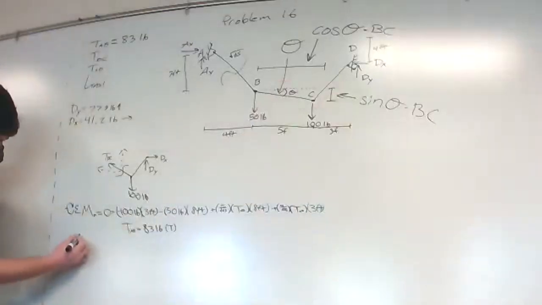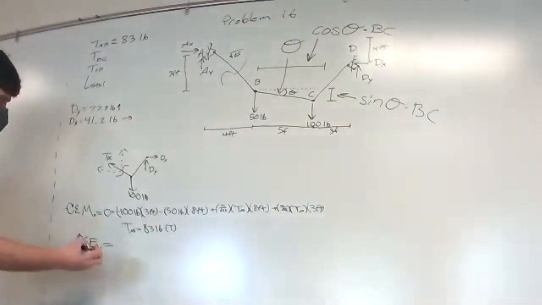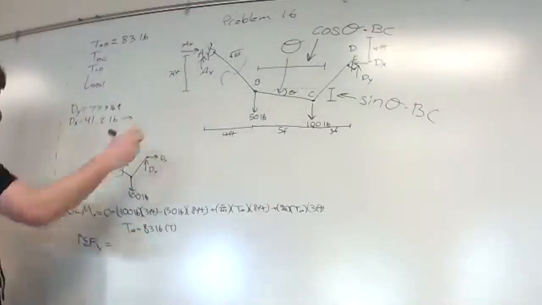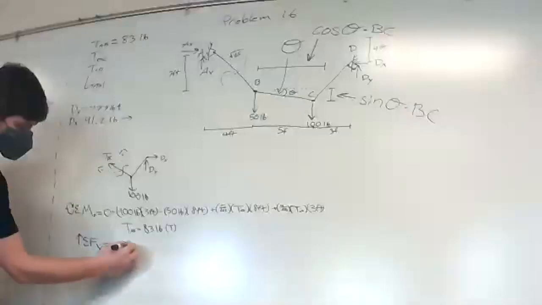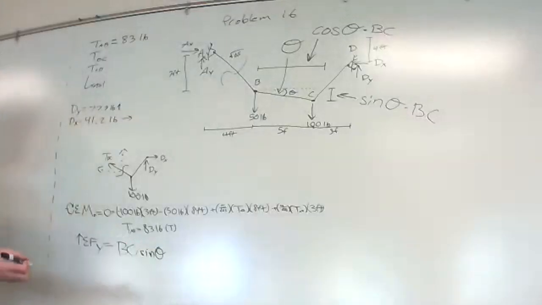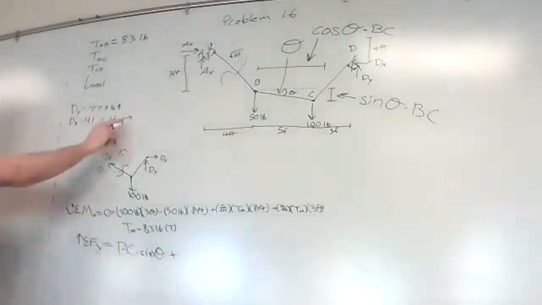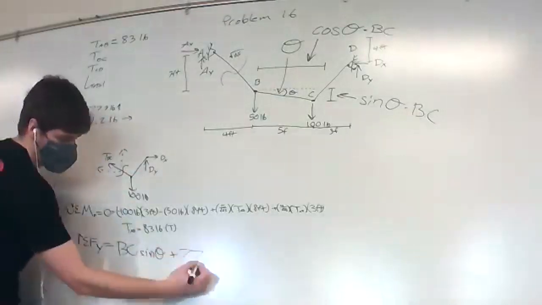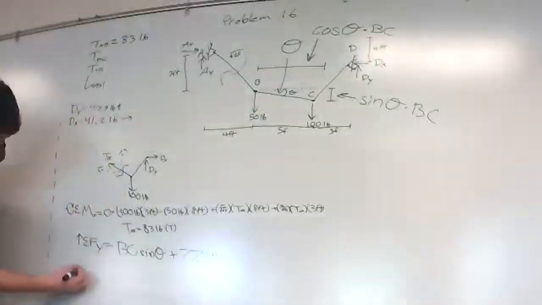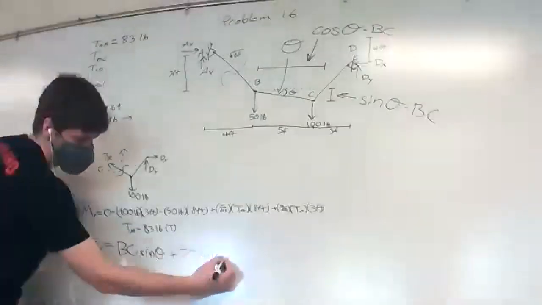So, well, sum of the forces y is equal to BC sine theta, and we're going to have equal, which we know is 77.9. And then we're going to have the sum of the forces X. This is equal to 0, of course.